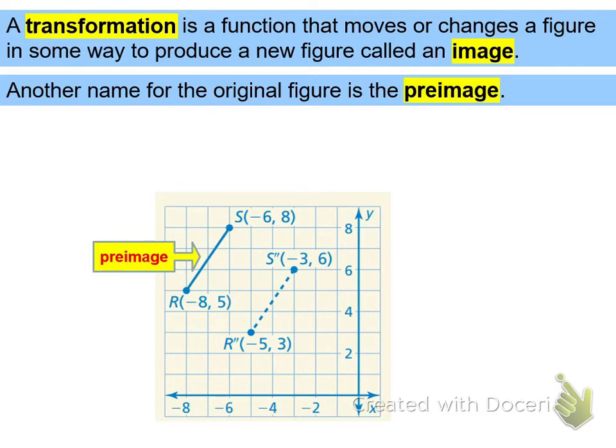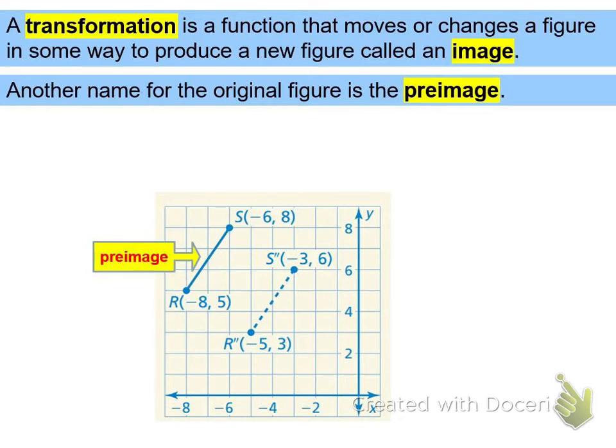It's SR. How did I know it's SR other than the fact that I just told you? A solid line, yes, was the main reason. It doesn't have any of the apostrophes, right? So if you notice, R has 2 apostrophes. 2 apostrophes versus 1 means nothing. It's still R prime. But this R would be the original, and S would be the original. So those are the pre-image.